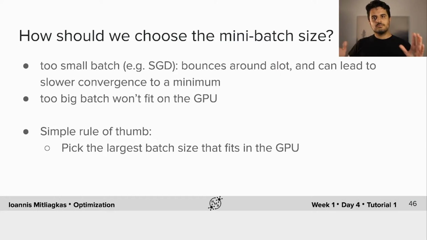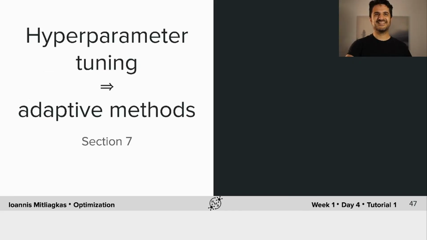So modern day GPUs for modern day problems, if you max out the memory, you're probably fine. And of course, for each different problem, you can play with it and see the relative performance. But a good rule of thumb is max out your GPU memory and go with that. Okay?